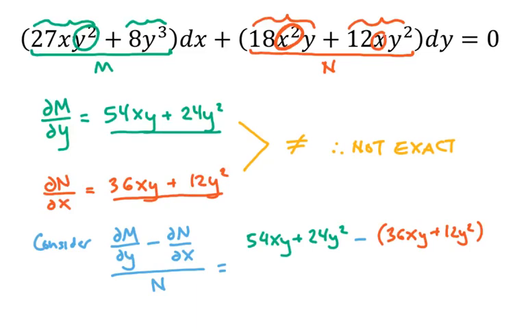And then we'll be dividing it by the original N, which at the beginning was given to us as 18x squared y plus 12xy squared. Right now that looks like a bit of a mess, but we're going to go ahead and clean up a bit, hoping that it can simplify to just a function of x. So let's see if we can try.